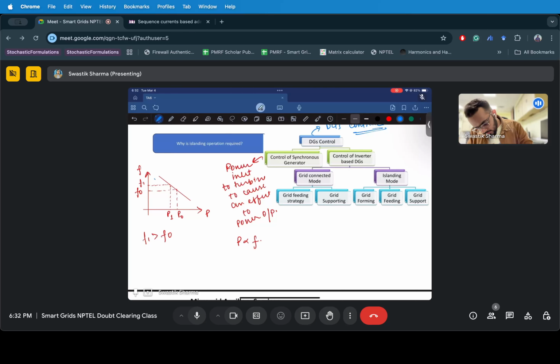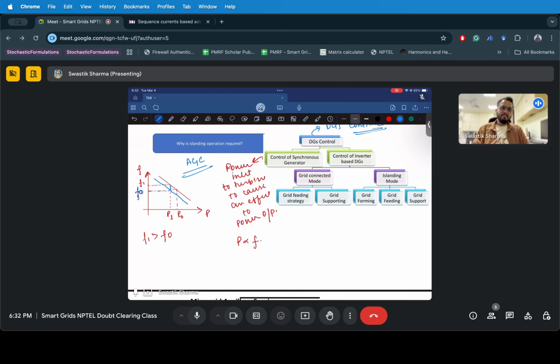So what you do is change the setting so that for the same power at which it is now working, it comes back to the nominal frequency. You can shift the characteristic by using what is called an AGC, an automatic governor control.